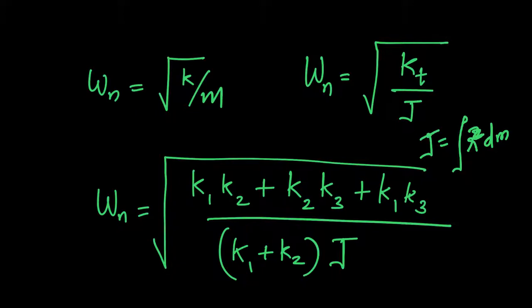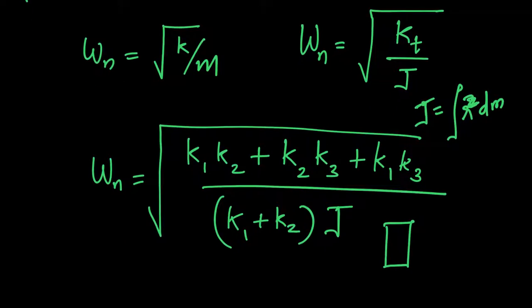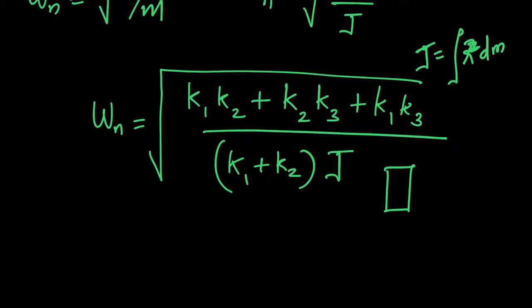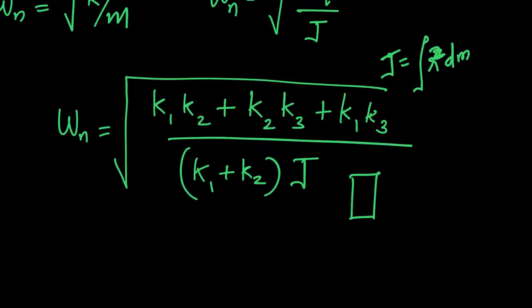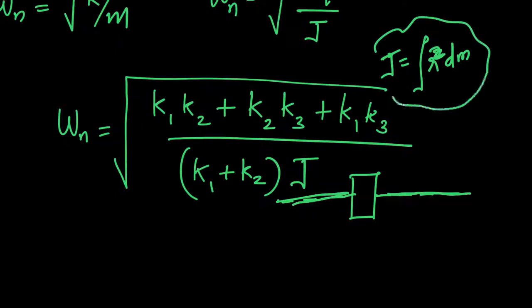Here in this case we are talking about a system which is rotating about a central axis like this. So we are referring to the polar moment of inertia of the system about this axis. This has to be very clearly understood. You have to evaluate this particular integral about the axis in which the whole system is rotating.